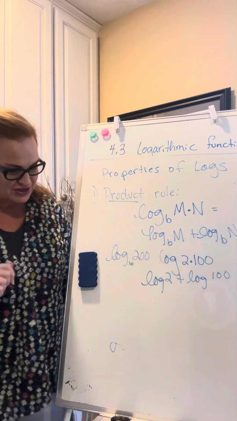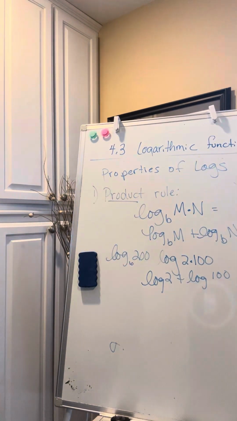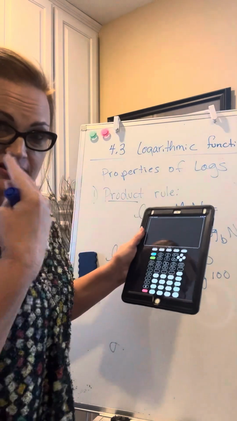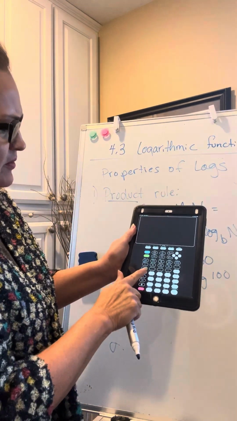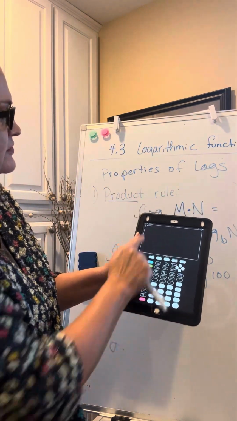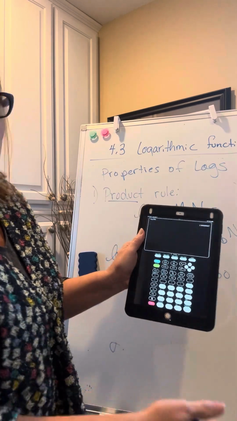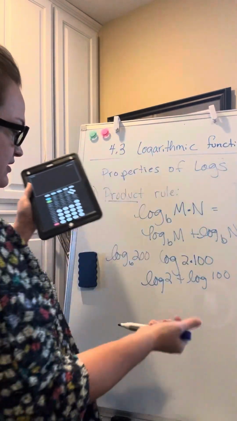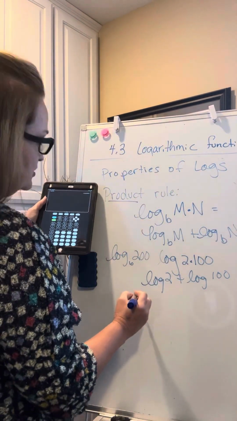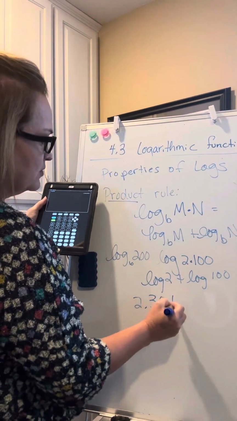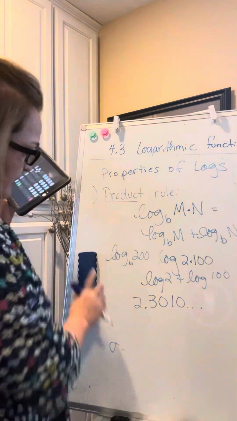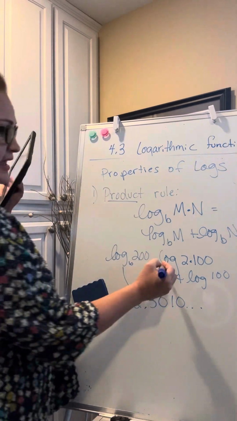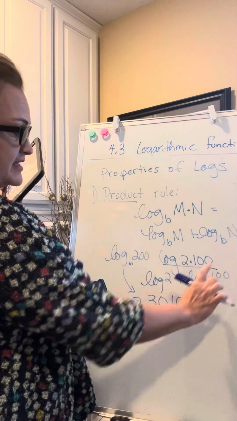And let's just do so to see that the rule works. I mean, I know you believe me, but it helps our brain to kind of accept it, or it helps me when I do it myself. So log of 200, if we hit that on our graphing calculator, and we're doing base 10, just a regular common log. Log of 200 is 2.3010-ish. But it is the same thing, if we directly do it on our calculator, as breaking it apart into 2 times 100.